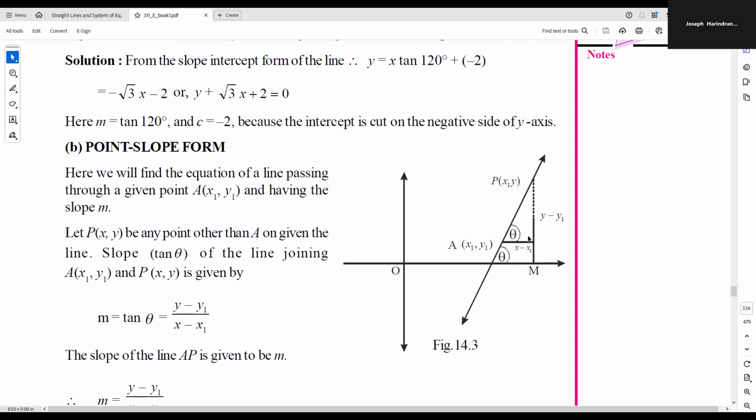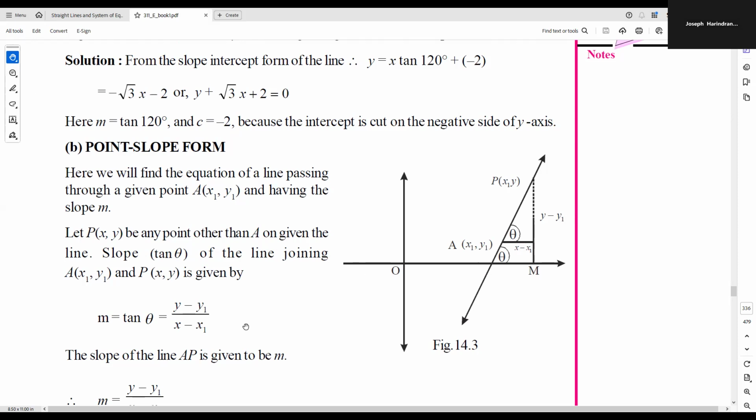Now if A is a point x1, y1 on the line, and you take any general point x comma y, point P, which is any point on the straight line, and A is the given point which lies on the line itself, with coordinates x1, y1.